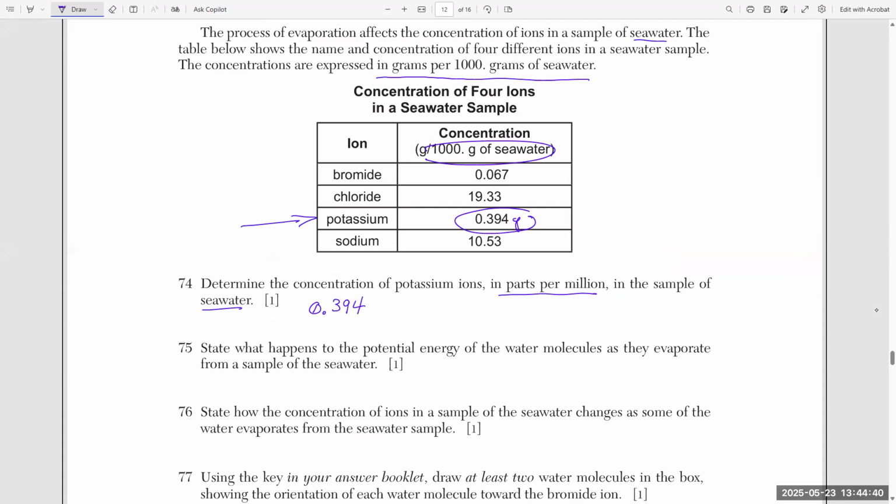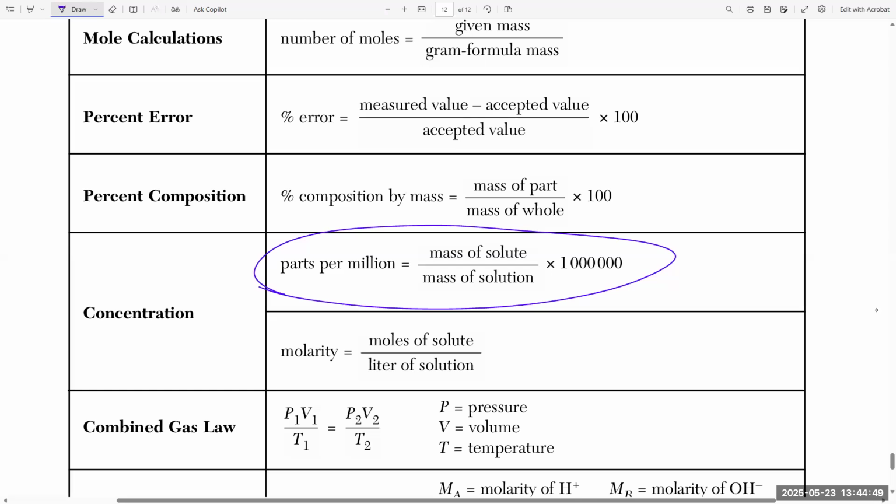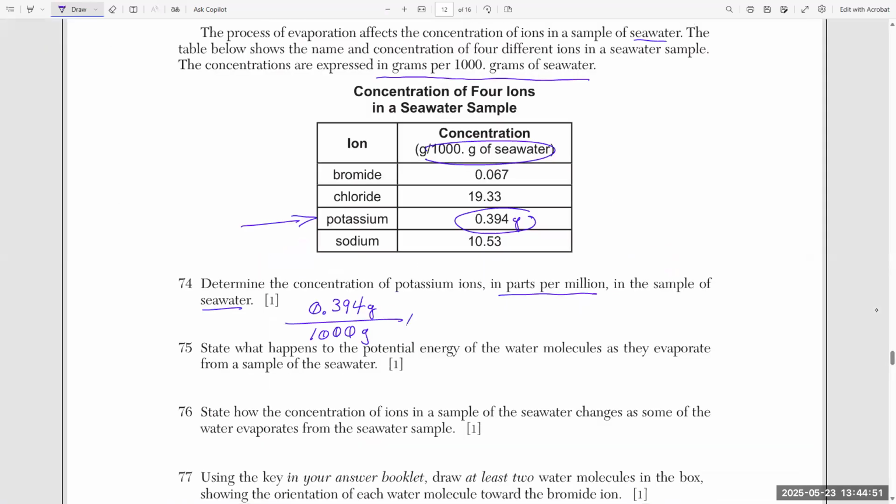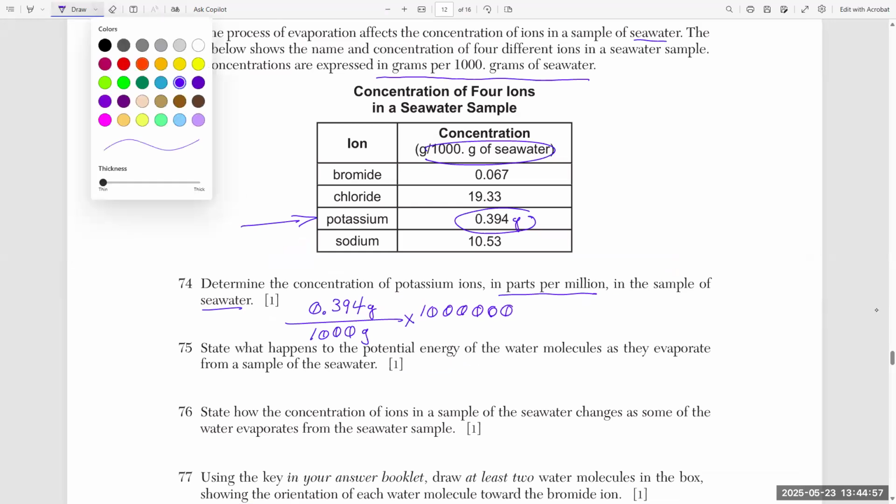Mass of the solute over seawater, that's the solution, right? Except what else? And then you have to multiply by 1,000,000. Before you grab that calculator, stop for a second and take a look at this. You have 1,000 on the bottom, 3 zeros.